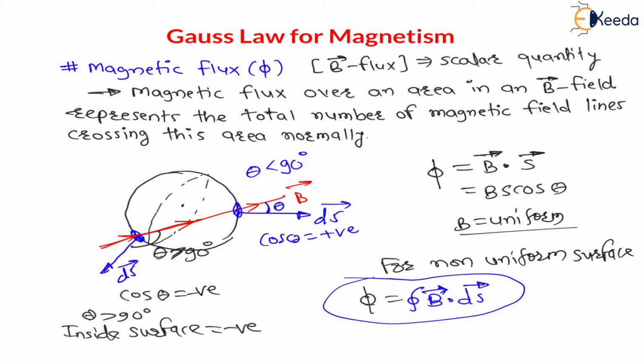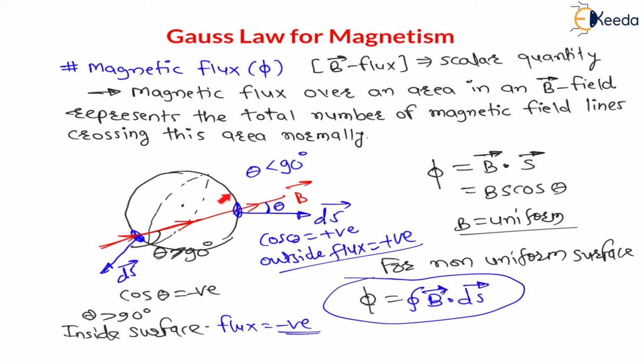And here the flux is leaving the surface. Earlier the flux was entering into the surface, and here it is outside the surface, therefore here we can say outside flux is positive, and inside flux will be negative. This is important, right?